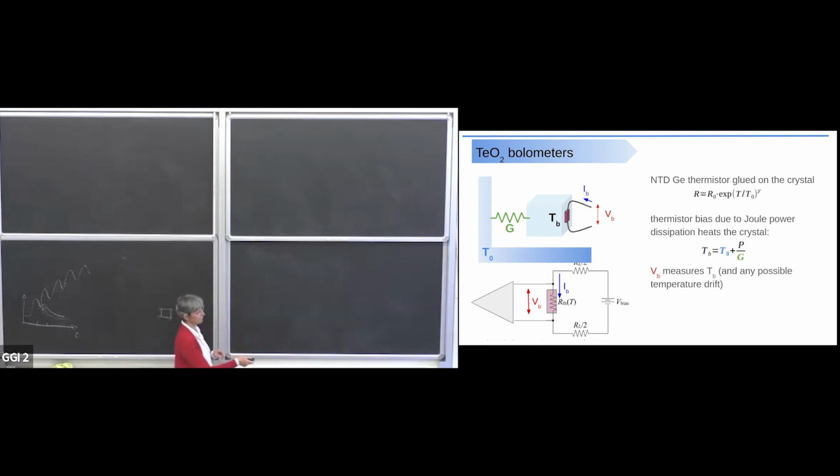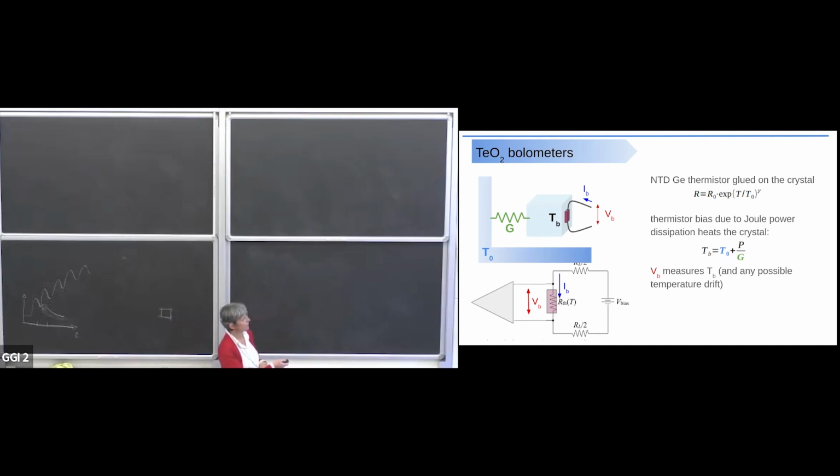The way I keep this current constant is that I use two load resistors that have a resistance much higher than that of my thermistor. So the amount of current in this circuit is defined by the value of these two resistances that are standard resistances, but have a very high value, something like a gigaohm.